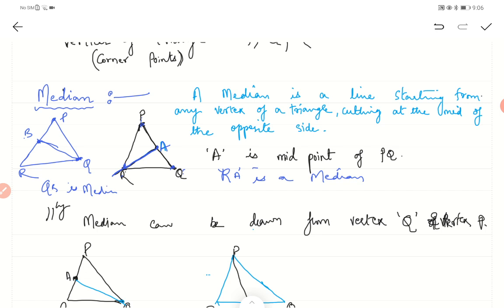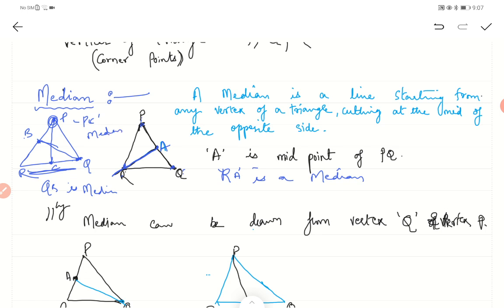Similarly, this median can come from this vertex, and it should cut at the midpoint of the opposite side. So the opposite side for P is what? It is RQ. So it is cutting at the midpoint of RQ, and therefore you will say your PC is called a median.